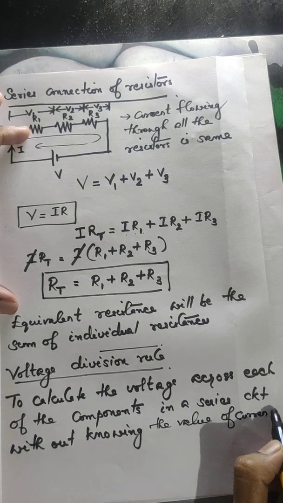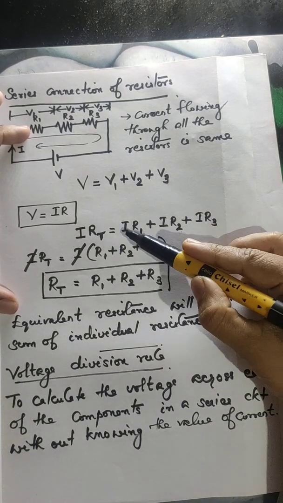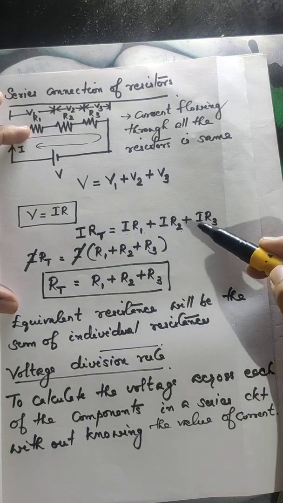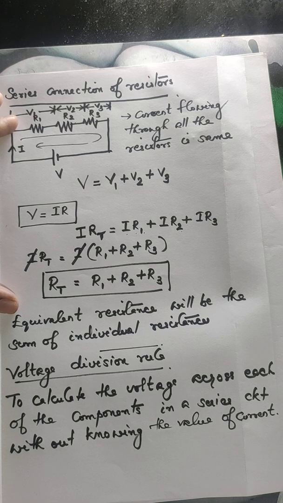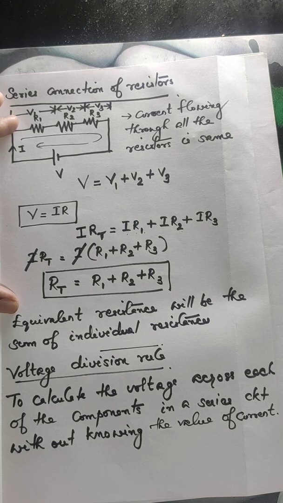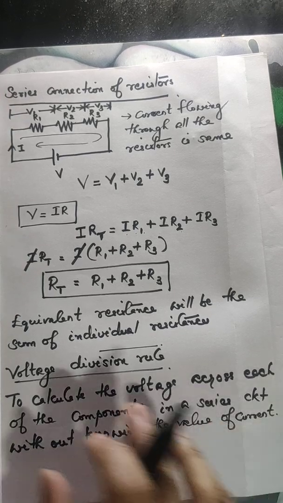Okay. So even if we don't know this value of current, we can calculate the voltage appearing across each of these resistors by applying the voltage division rule. So now let us see how this voltage division rule works.